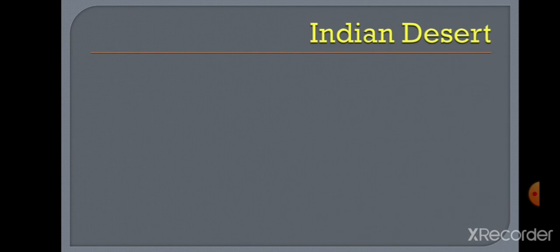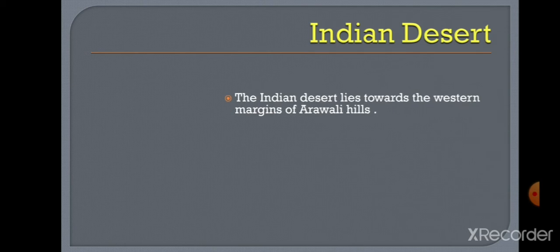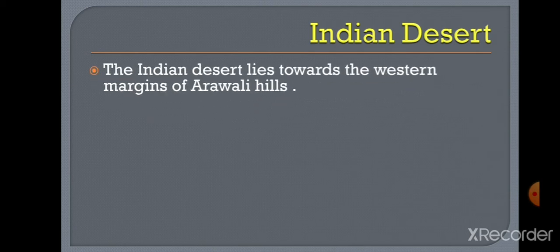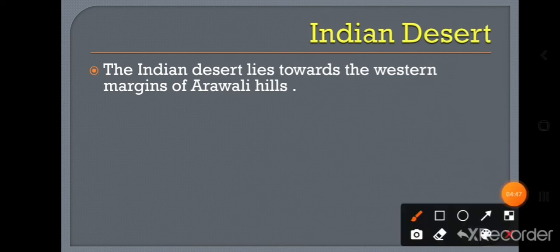Okay, now the next point is about the Indian desert. We all know that in our country we have a kind of topography that is a desert. The Indian desert lies towards the western margins of the Aravali Hills. So if it is the Aravali Hills, then its western part will be considered as the Indian desert.